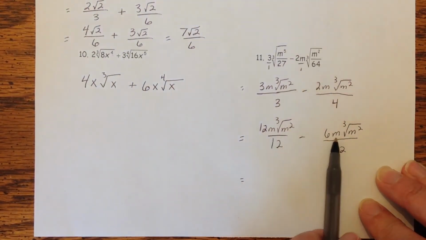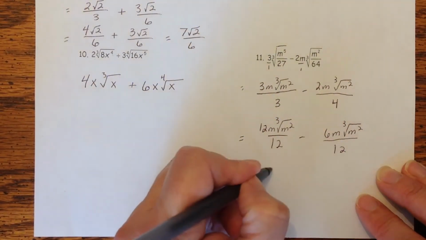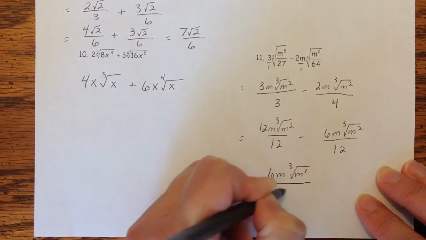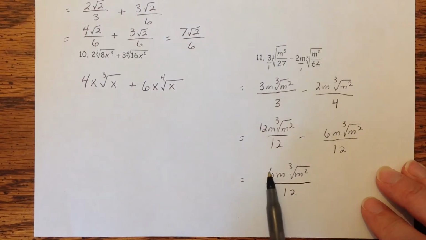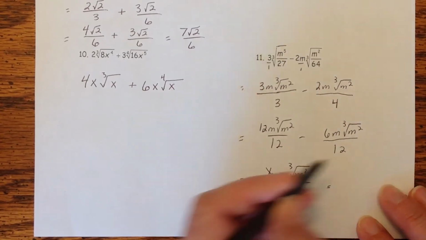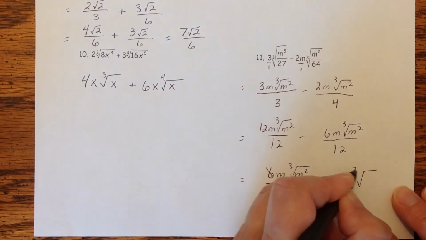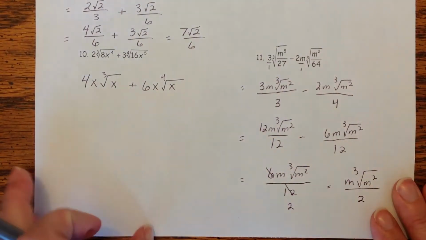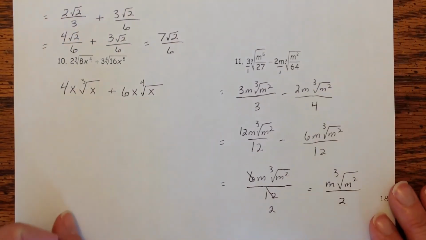So now I can subtract 6 from 12 and get 6m cube root of m squared over 12. And then one more thing, 6/12 reduces, so I need to finish reducing this down to 2. So I get m cube root of m squared over 2 as my final answer.